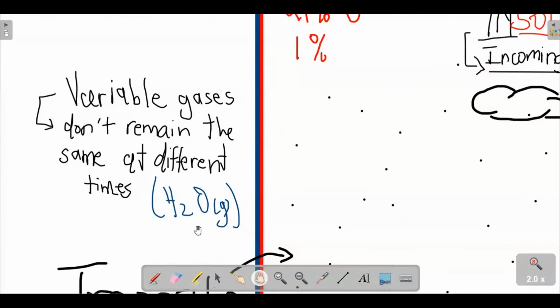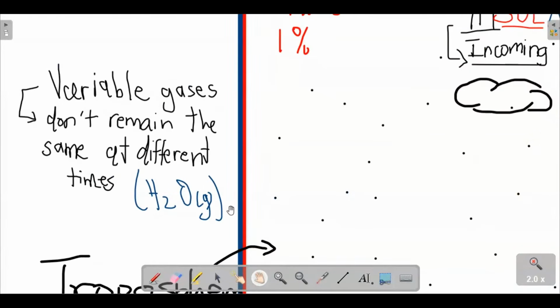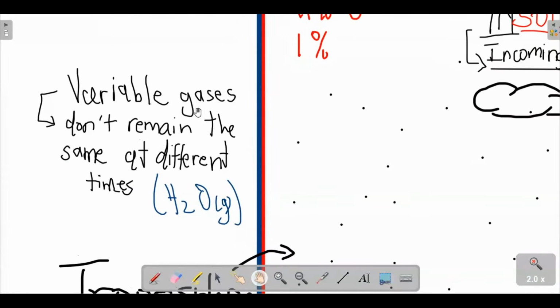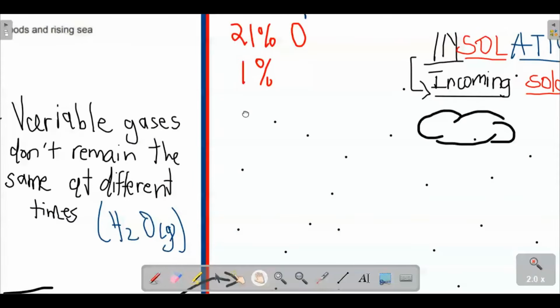It changes actually day by day. The amount of water vapor in the atmosphere is not the same. It depends on a lot of factors, and we'll talk about water vapor in the coming subtopics. So these are gases that keep on changing depending on the conditions in the atmosphere, right?